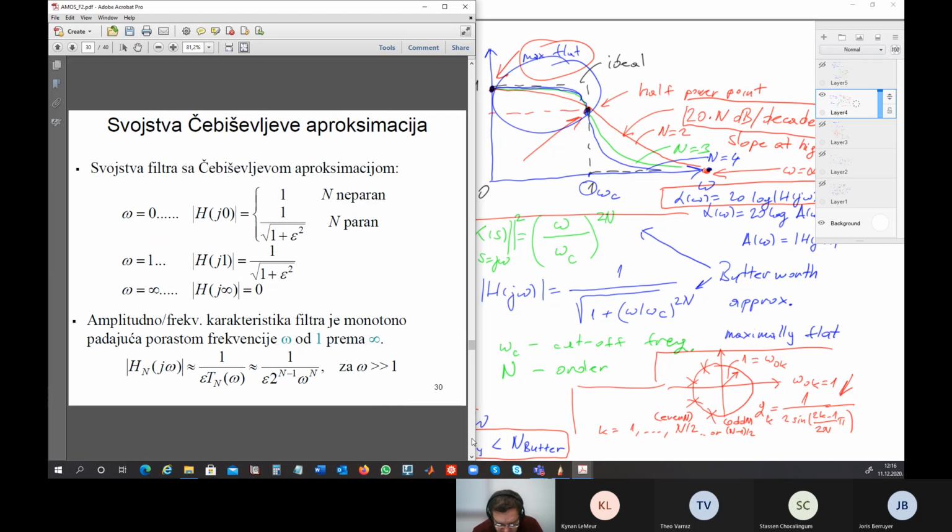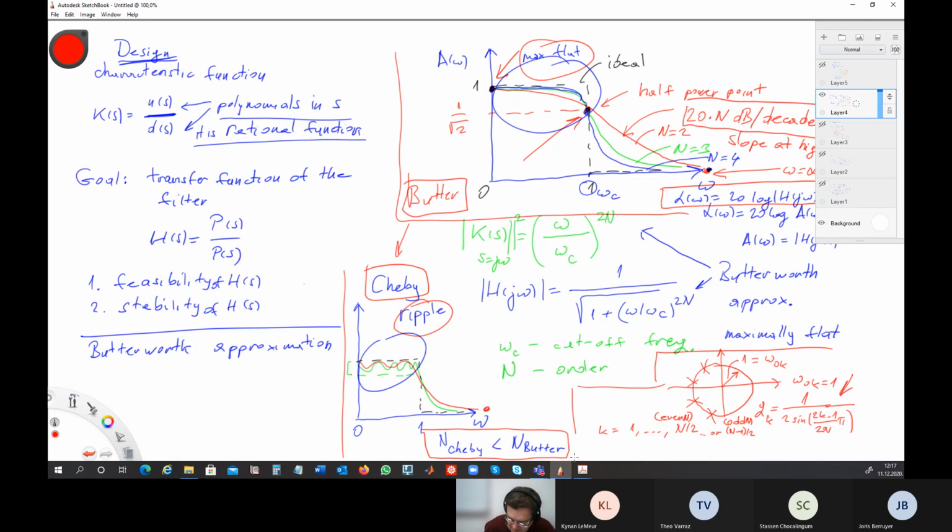Here comes the properties of the Chebyshev filter, which is also very simple and very obvious. So you see properties of the filter of the Chebyshev approximation, n odd, n even, and then you have these values of the characteristics. This is for omega equal to 1, omega equal to 0, and when omega goes to infinity, we also go to 0 here.